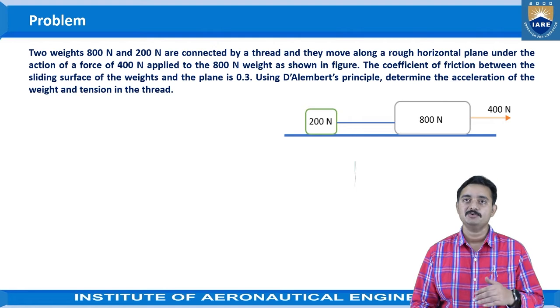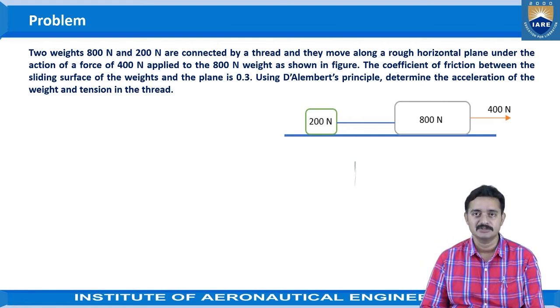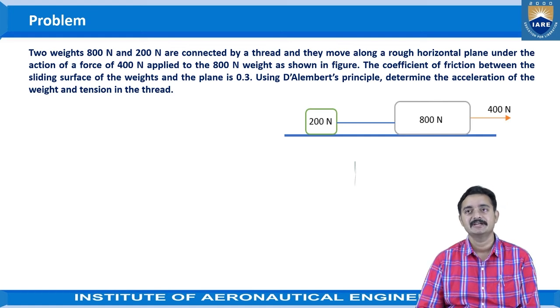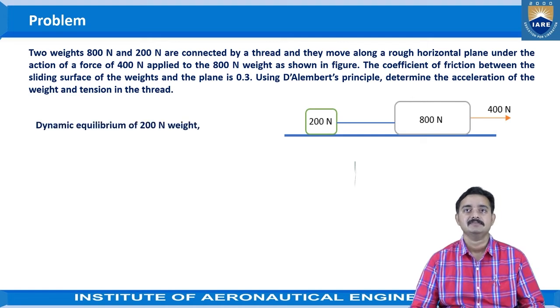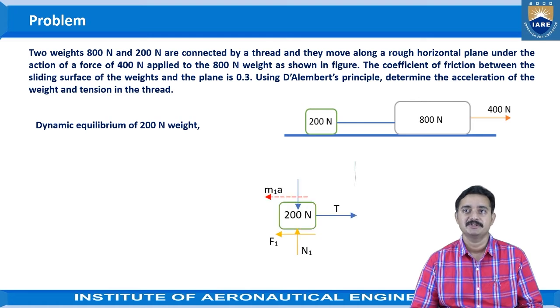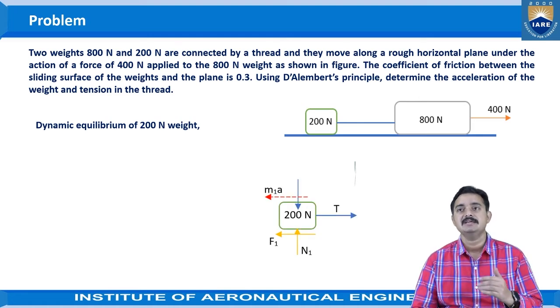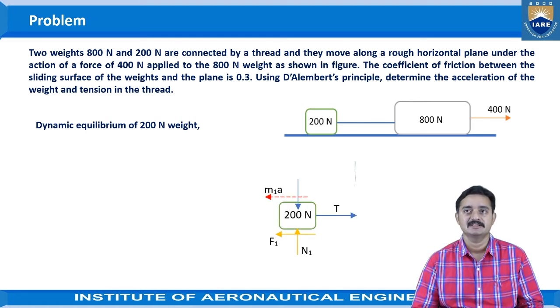So we are going to involve D'Alembert's principle, that is, we are going to involve the inertia force in the system and calculate the tension and the acceleration of the system. First we are going to consider the dynamic equilibrium of the 200 newton weight. That means we are going to draw the free body diagram for this particular case.